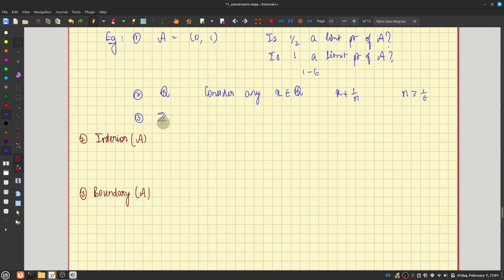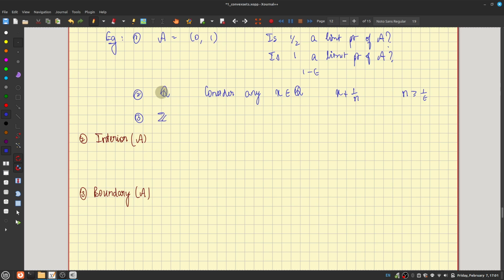Essentially all of this happens when the set A is not discrete. Sorry, the set A is discrete. Also note that this is an infinite set.